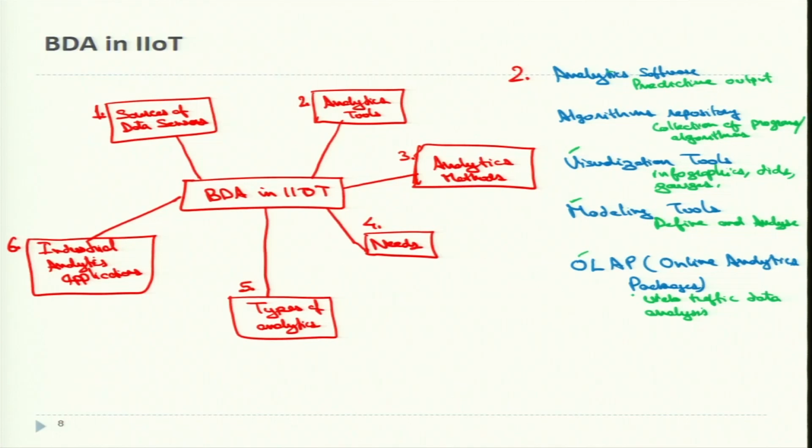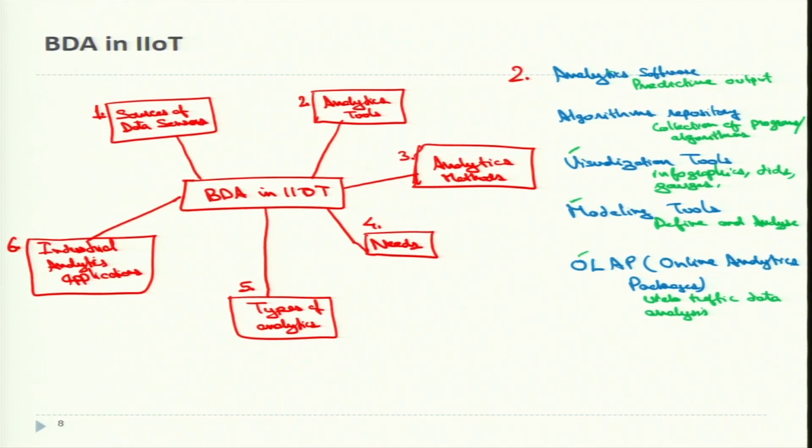So this is the analytics tools. However, they are also one of the subsystems of big data analytics in IoT as a complete system. So these subsystems have subsystems, and these subsystems do have elements in them which are listed here.